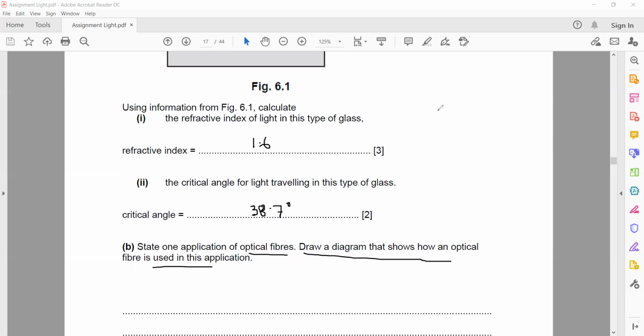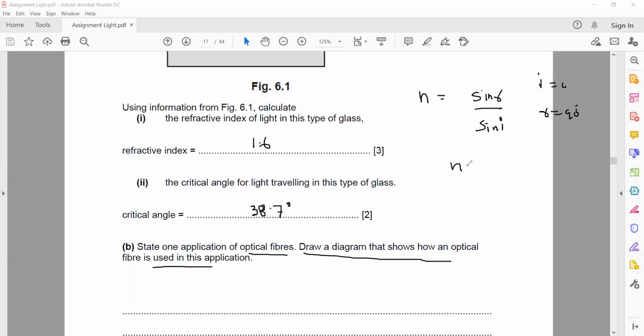Sine C means critical angle. Look, you have the formula for refractive index when light moves from denser to rarer: n equals sine angle R over sine angle I. This angle I is known as the critical angle when the angle of refraction is 90.